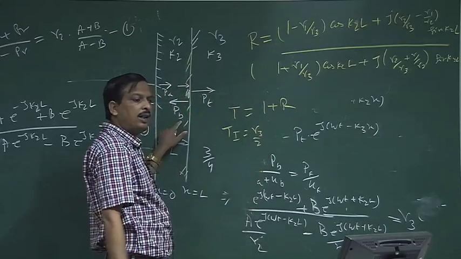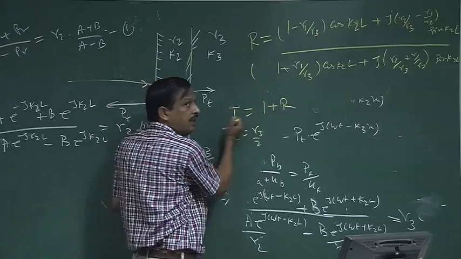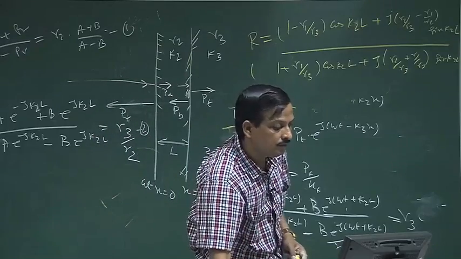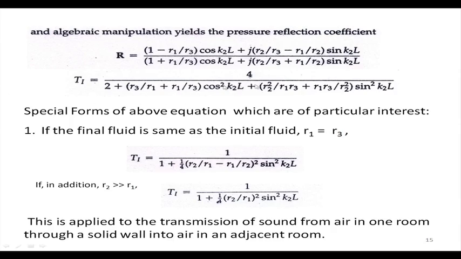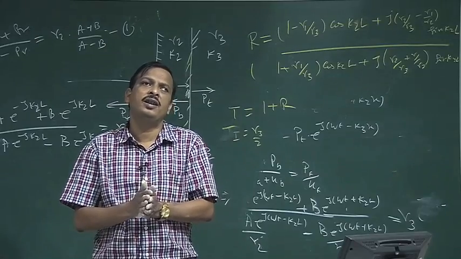So I get the Ti expression. Once I get the Ti expression, I can impose the restriction in the next class. Okay.